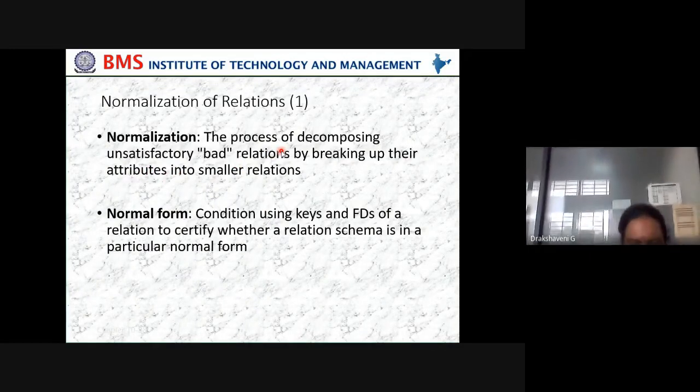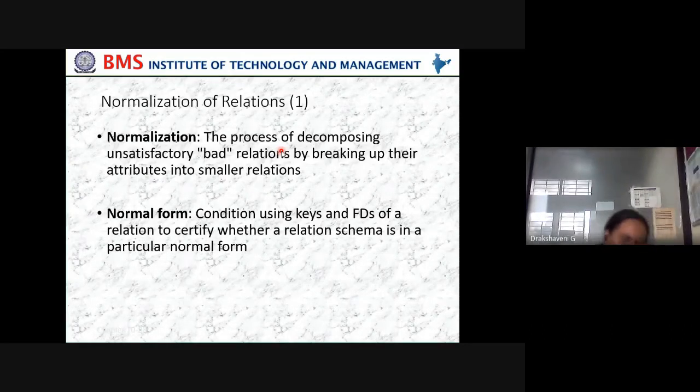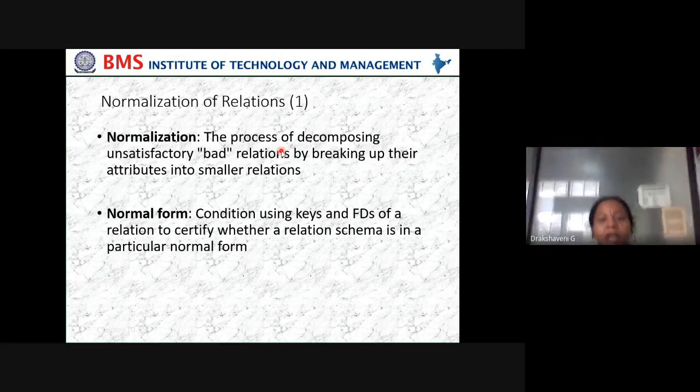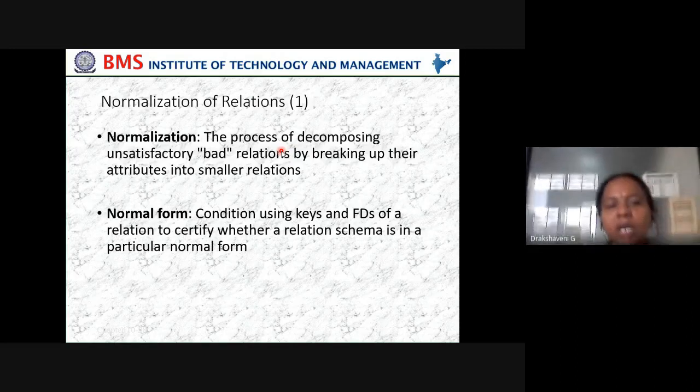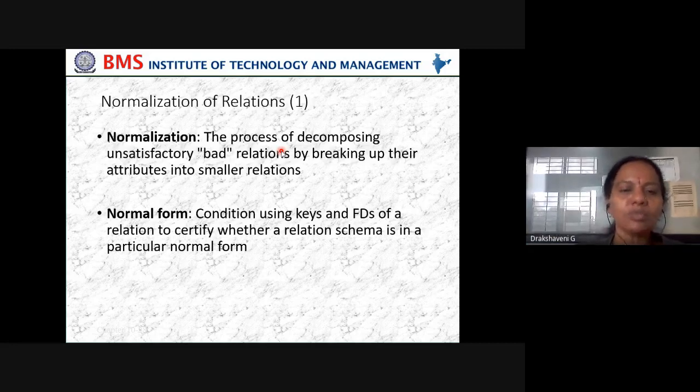So why do we want normalization? If my data is not properly stored, I want to make it a good relation. Then we use normalization, and we break it into smaller relations.